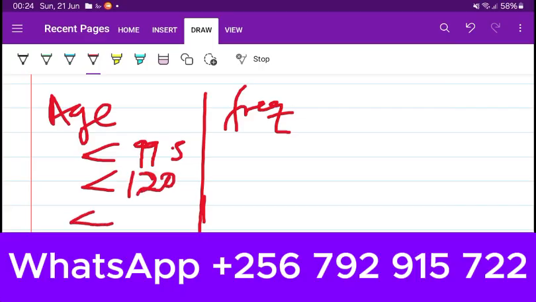They're just showing these figures like that. Maybe this one we can say 100, maybe 120. But you find that some values here are not specified.